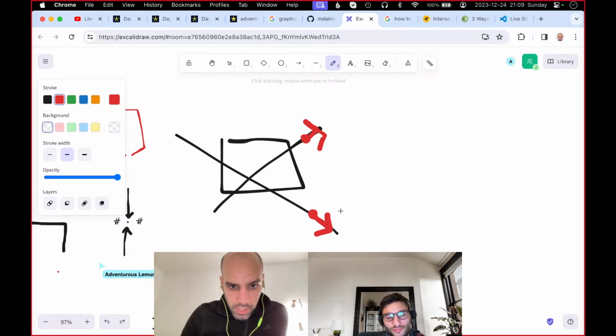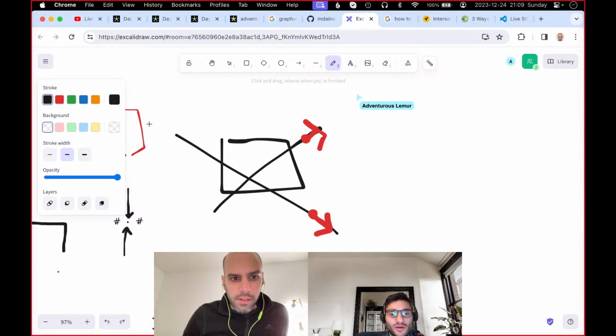So the problem here is that our x is above the end and pointing right and positive. But it could also be here.